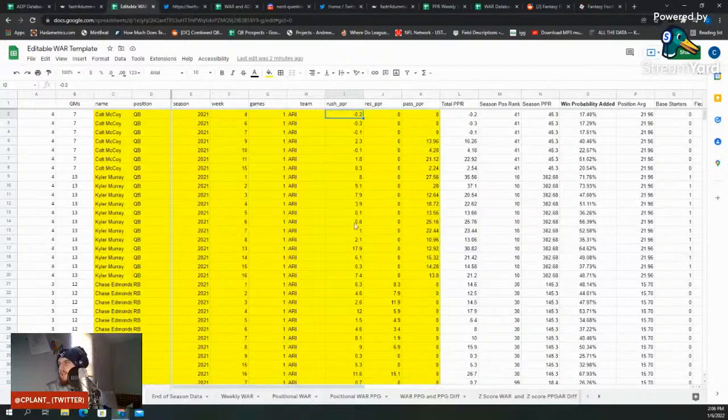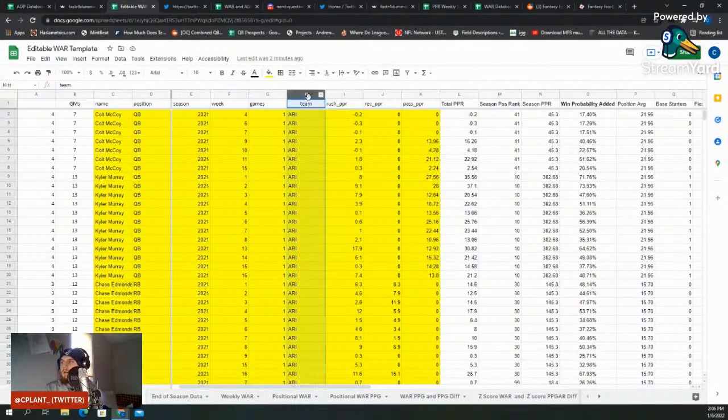I could have easily not included this and just made it the total PPR points. But I figured it would be better to be able to see it separated out like that. And you could also make alterations to the sheet. The sheet that I made, I'm gonna make public.